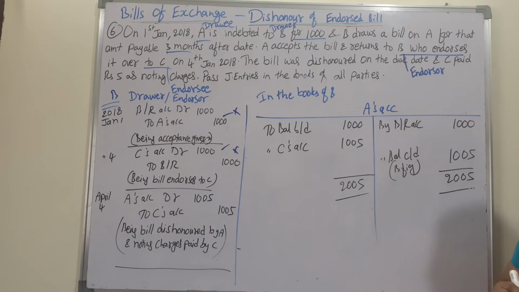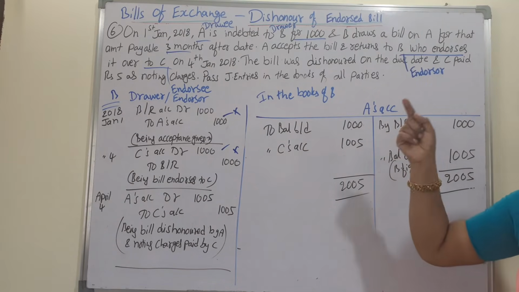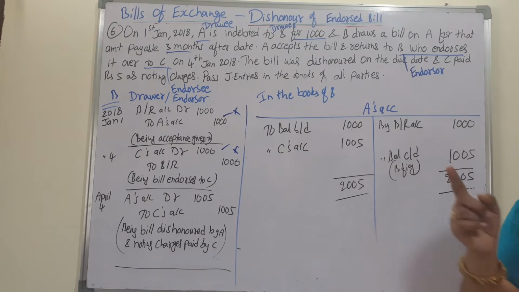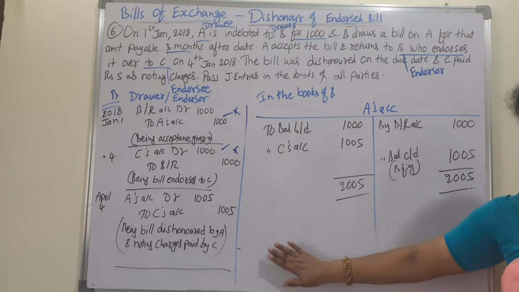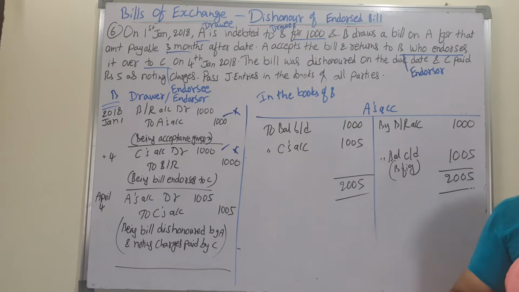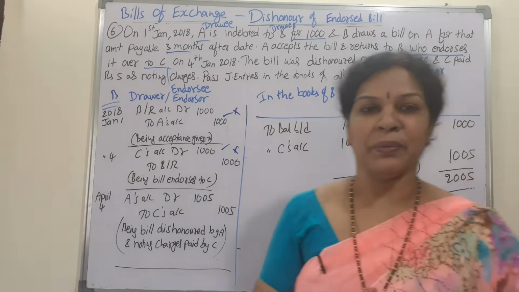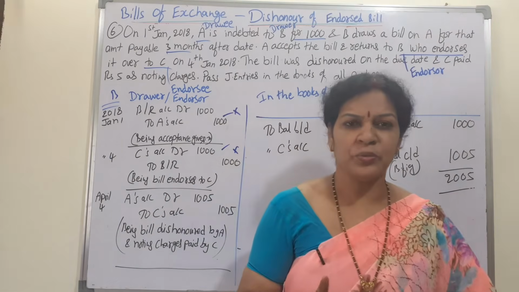Like this, in the books of B you can prepare A's account, and in the books of A you can prepare B's account. Like this, n number of accounts we can prepare. That's all, simple, nothing to worry.